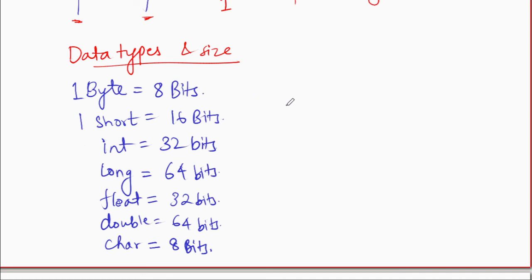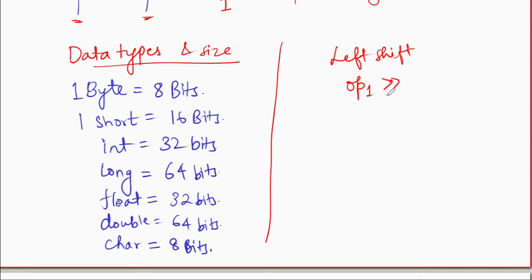Now we have got the idea of data types and their sizes. This will be helpful to understand the idea of left and right shift. For left shift, this is operand 1, and check the symbol. Here the direction is on the left side, and here the direction is on the right side.